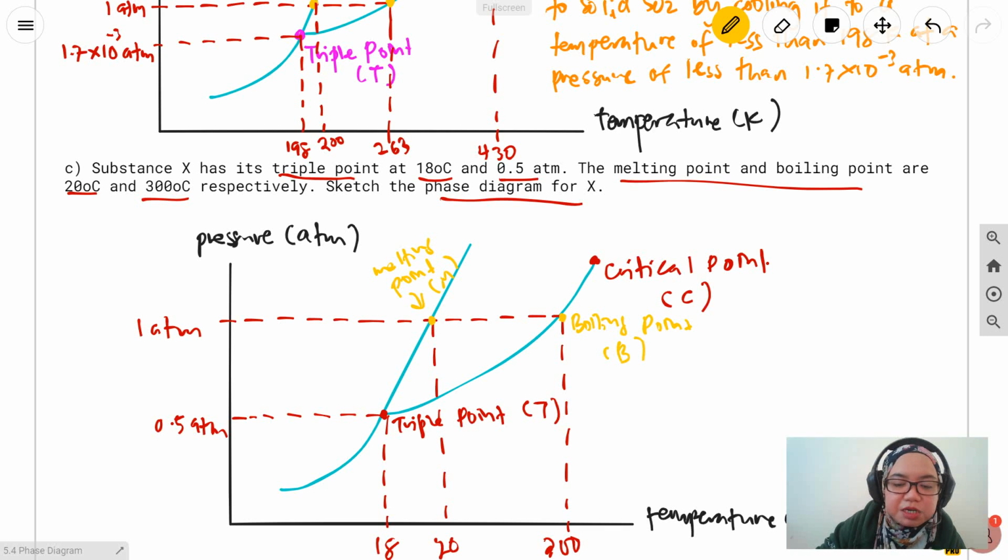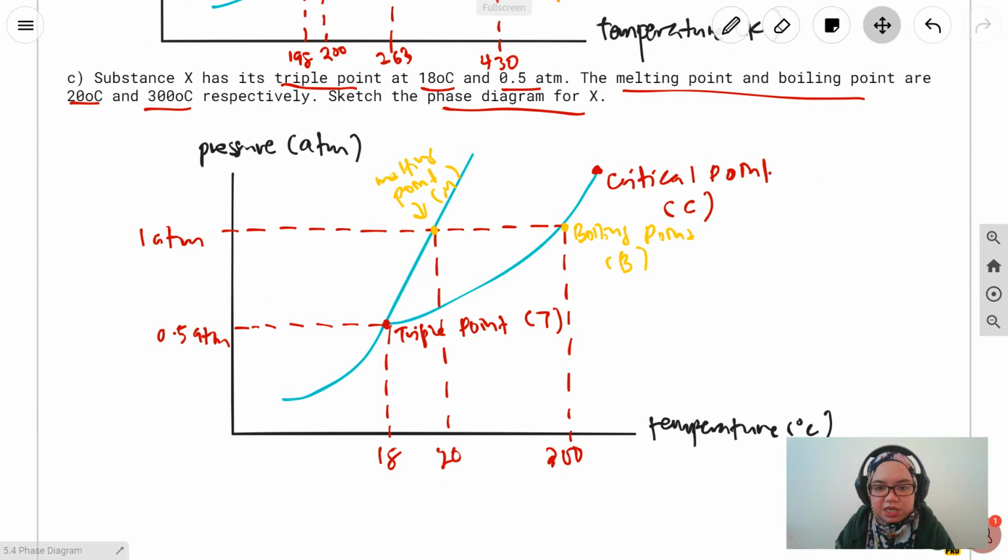Label lah B ke apa ke. Okay. So, semua kena label. Okay. So, kat sini awak check balik betul tak? 1 atm, 20, 300. Okay, semua betul. So, this is how you sketch the phase diagram for substance X. Very simple and very easy.